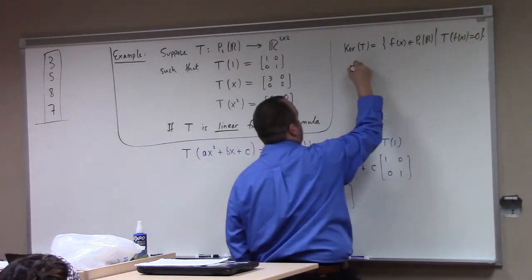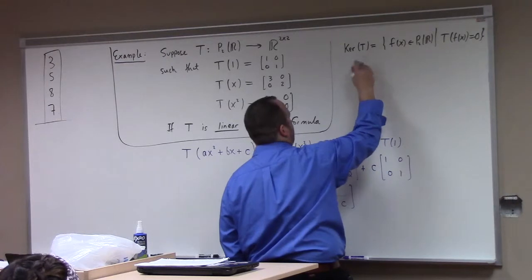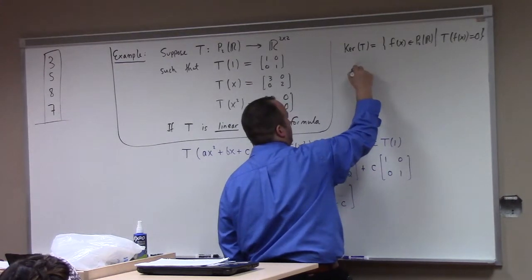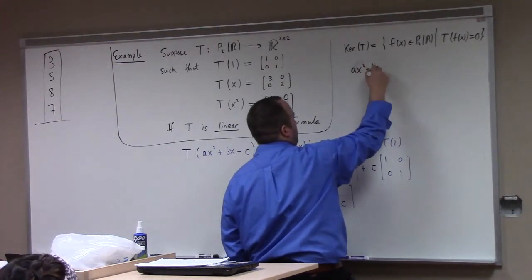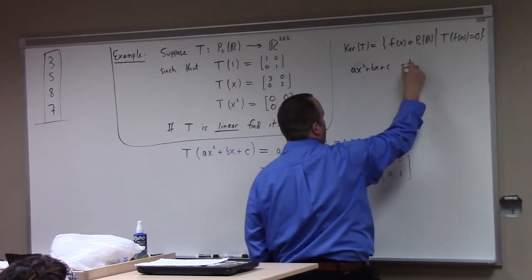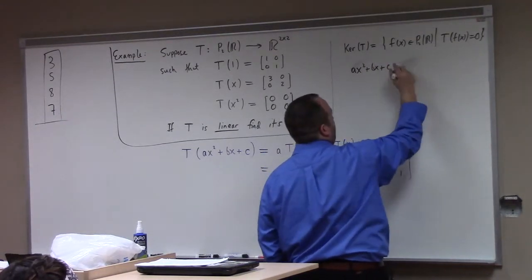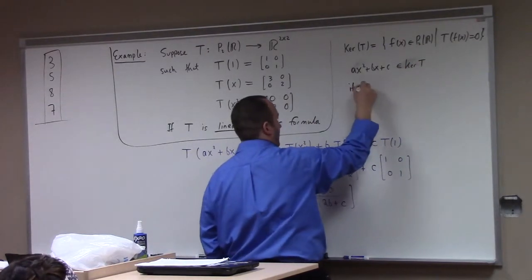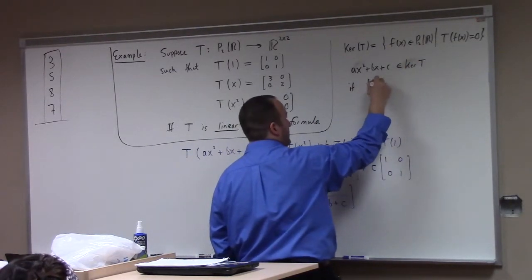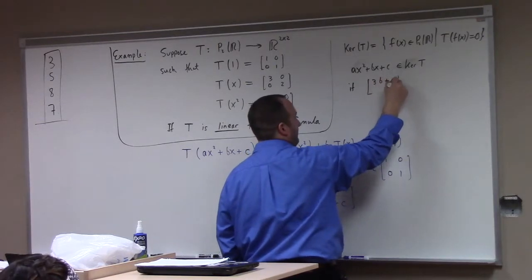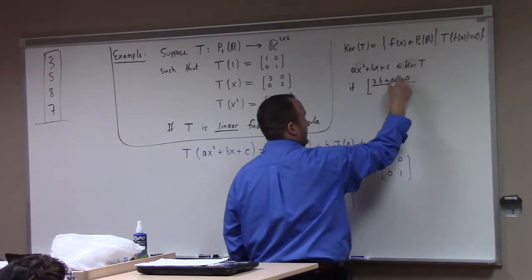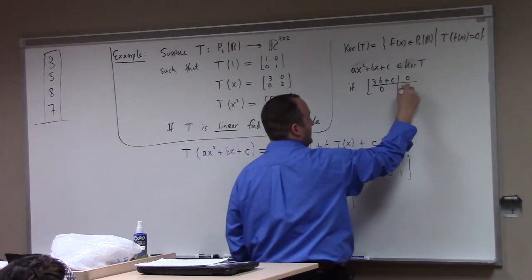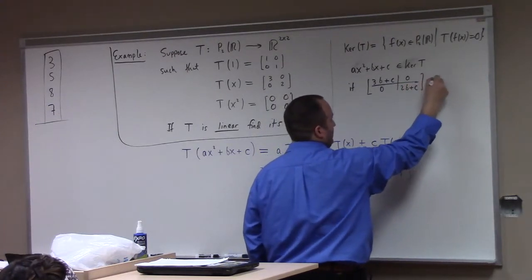In other words, it's ax squared plus bx plus c such that the matrix with entries 3b plus c, 0, 0, 2b plus c is equal to 0.